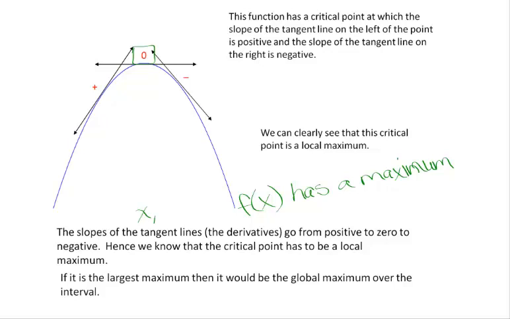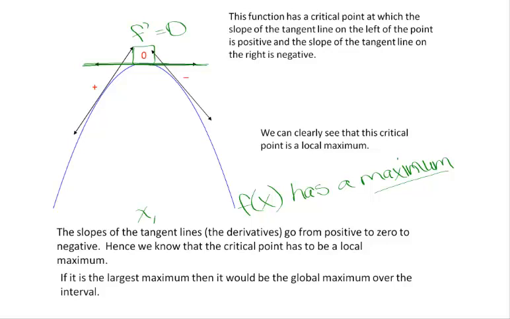I know that from what I know about graphs. I'm going to use the attributes of the first derivative to back me up on this, to prove that f does indeed have a maximum. So I'm going to determine that the first derivative equals 0.